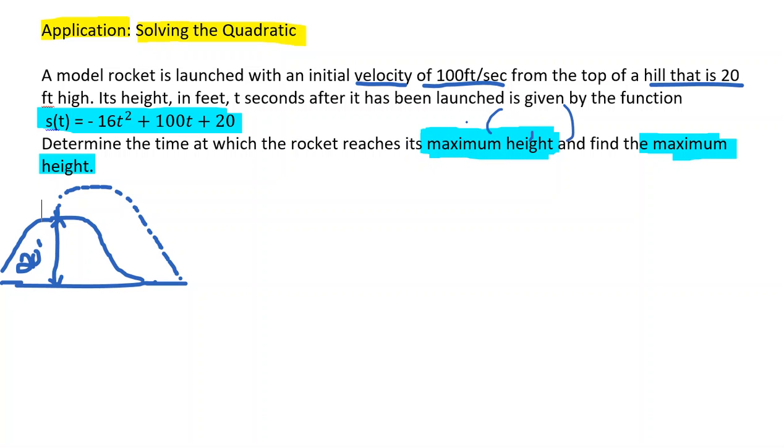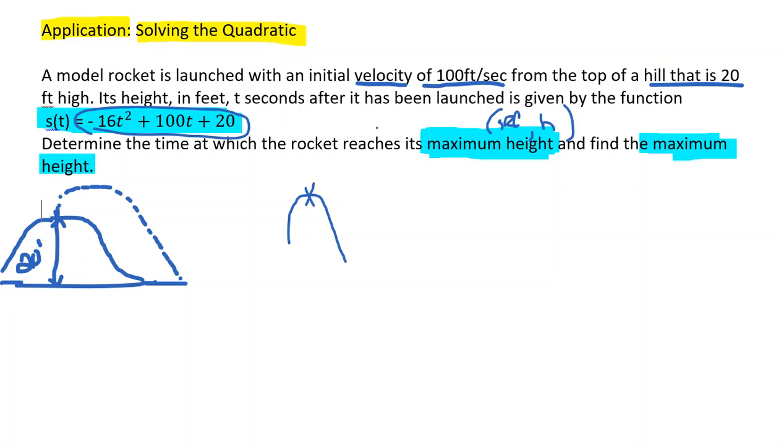But what it's basically saying is we want to know how many seconds it took to reach the maximum height. So we know this is a parabola, right? Because it's a quadratic. We want to know when this actually reached the maximum height and how long it took to reach that maximum height.